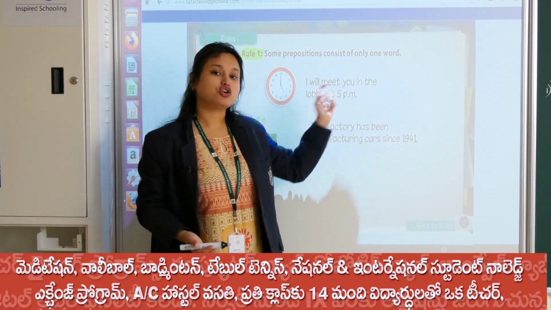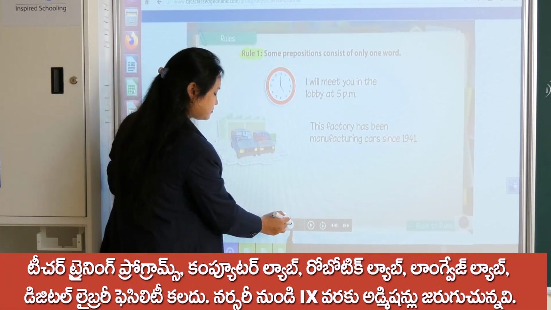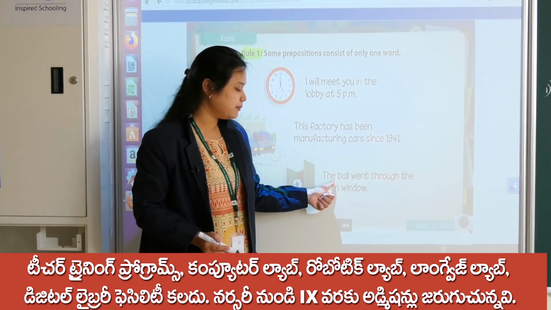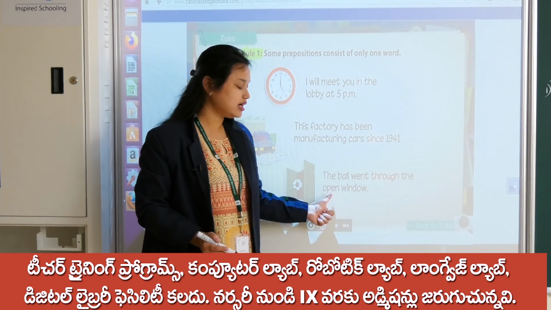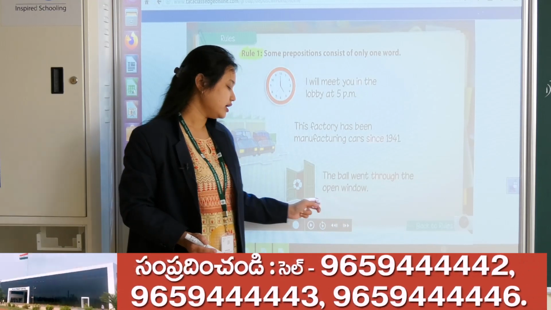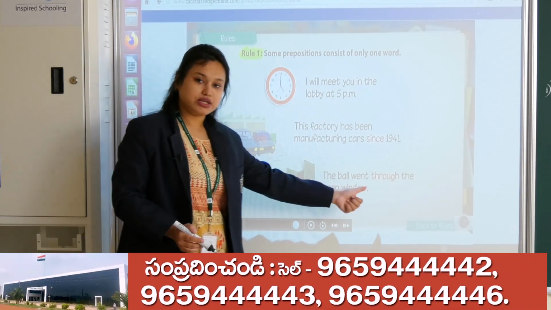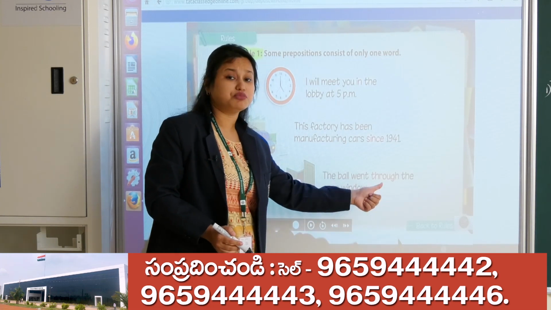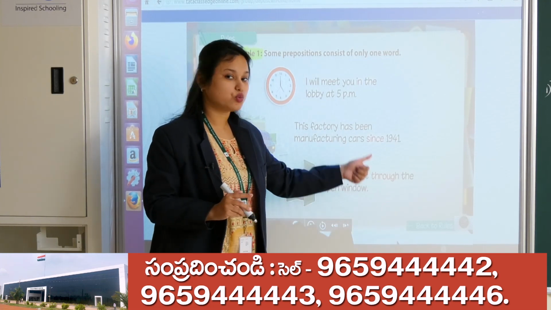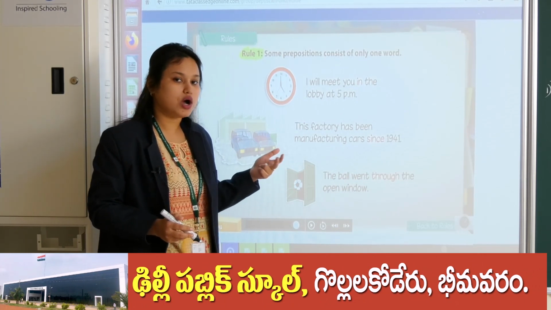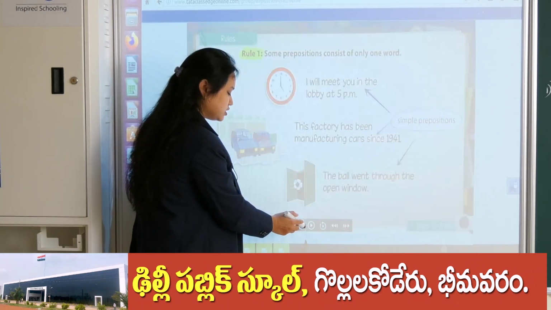They consist of one word, okay? Next example, the ball went through the open window. So through is again a preposition of movement, but it is one word. So what do we call it? Those are simple prepositions, okay? One-word or simple prepositions.